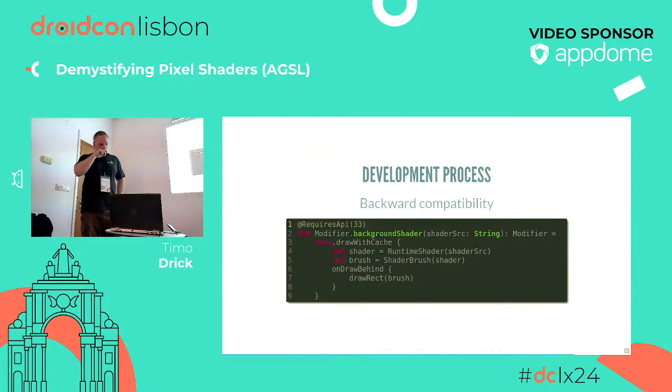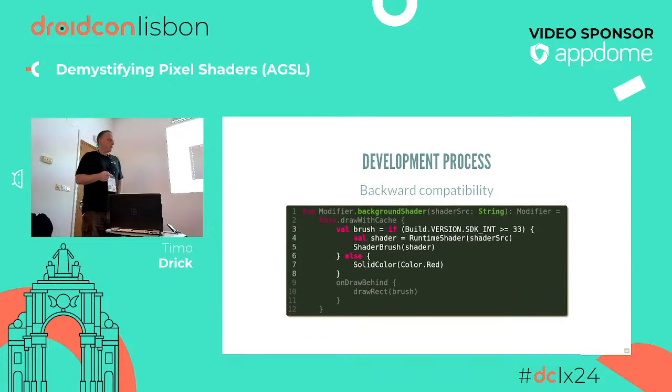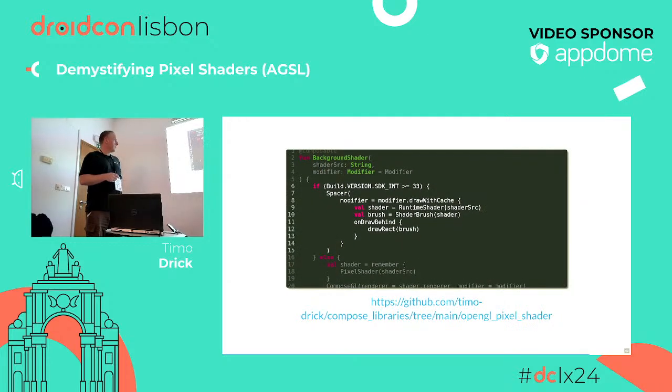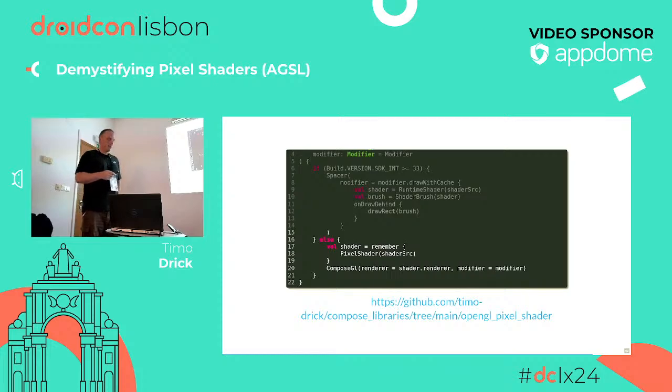So when you want to provide backward compatibility, one thing could be to just provide a solid color as background in case the version of the operating system is too low. But in theory, you could also use OpenGL to draw your shaders.